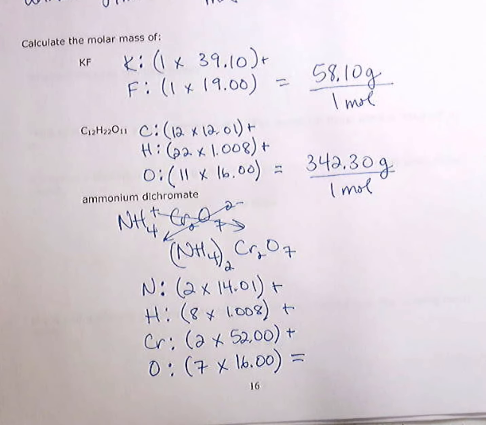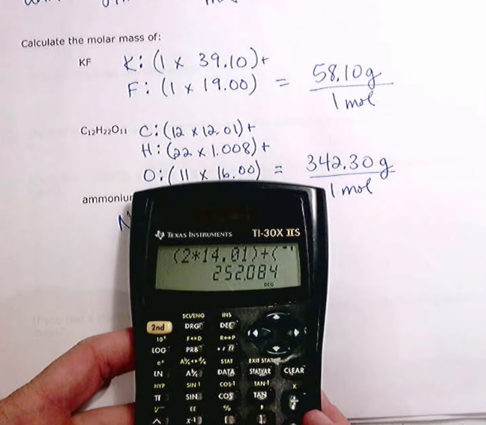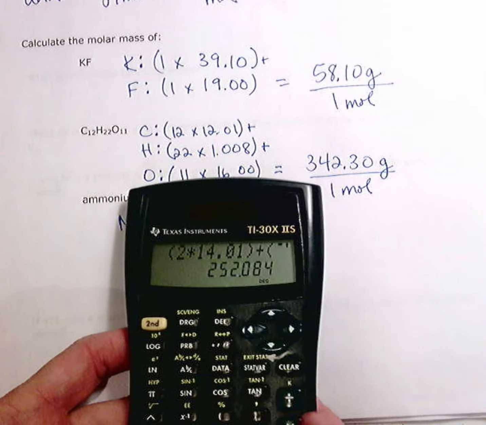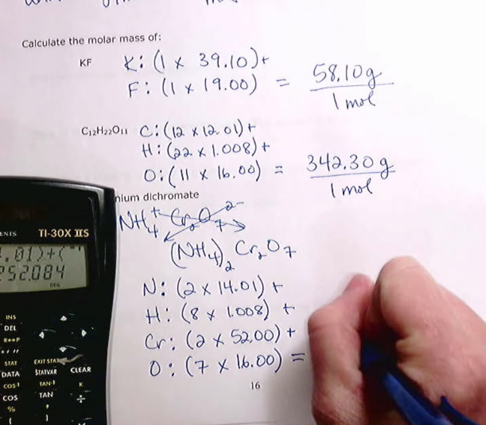So enter that into your calculator with parentheses, or you can do each step individually. And you come up with 252.08.